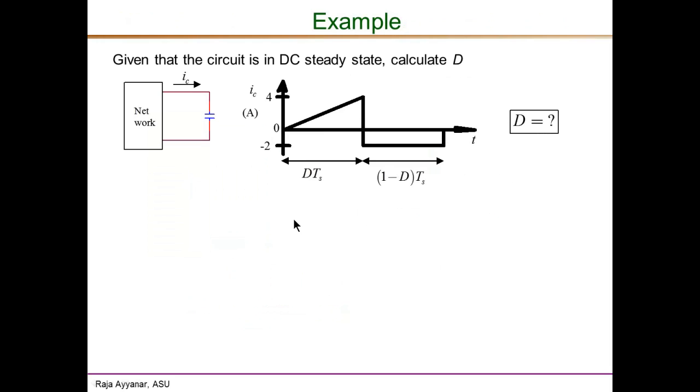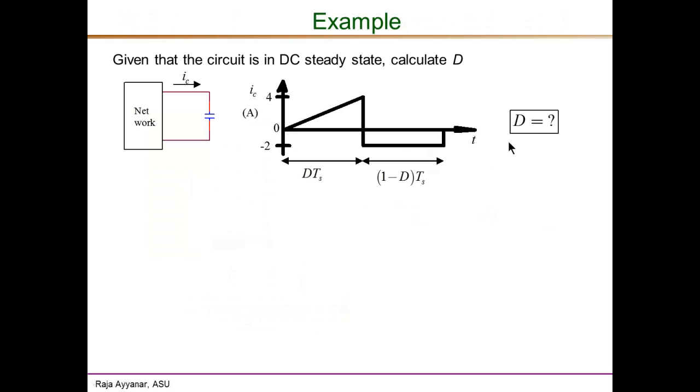Okay, so let's do an example problem to complete this video. Obviously this is going to be on the application of current-second balance in a capacitor in DC steady state. So we have a network, and just the capacitor is brought out, and we are given that the circuit is in DC steady state, and we are also given the waveform of this capacitor current IC.